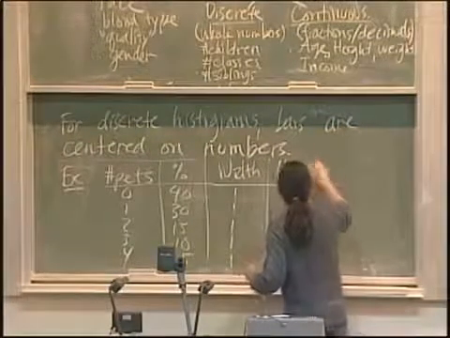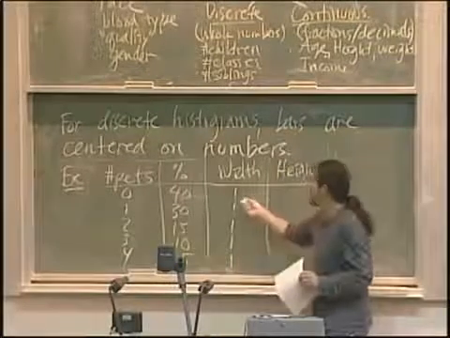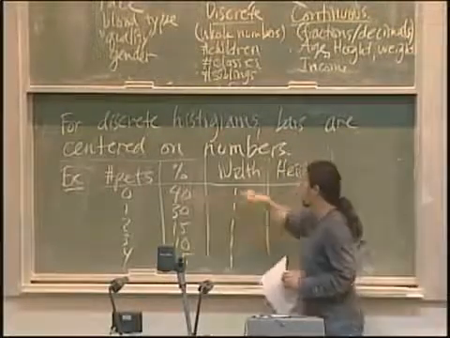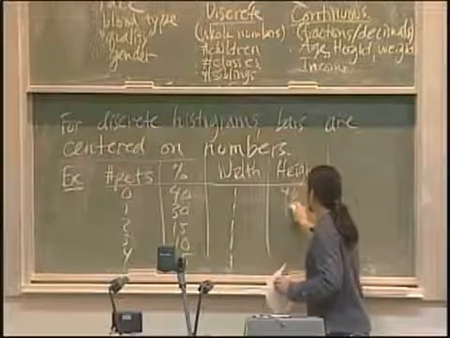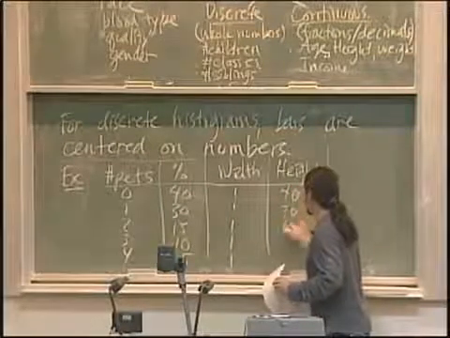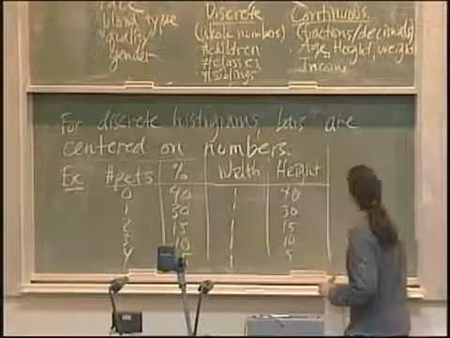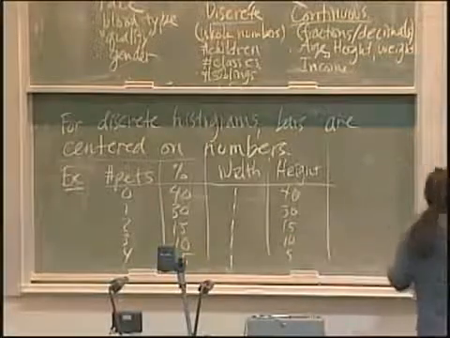So since all the widths are 1, the heights are just 40 divided by 1. So they're all the same: 40, 30, 15, 10, 5. Okay, so let's draw a picture.